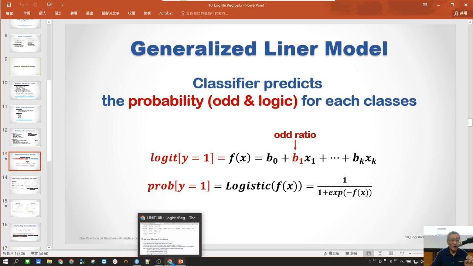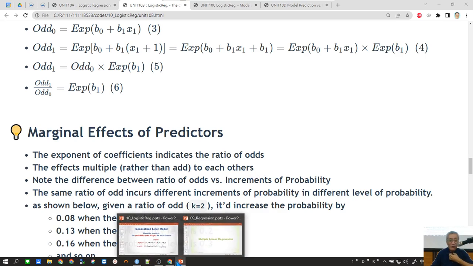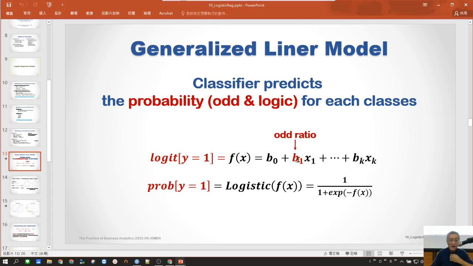All right. So let's talk about how to interpret the coefficient of logistic regression.